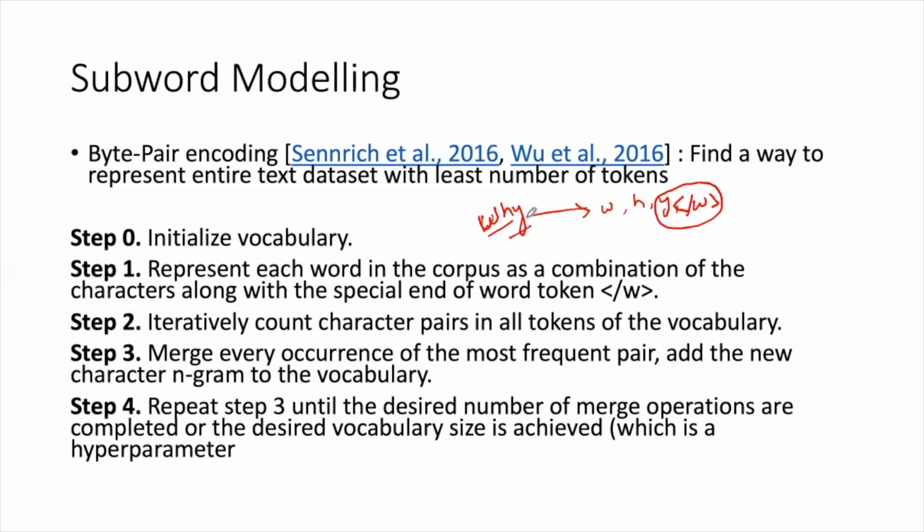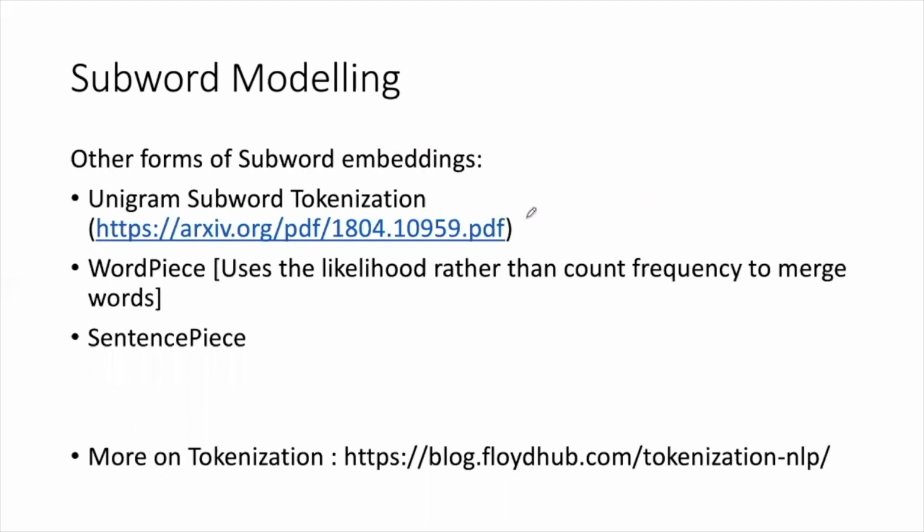We count all such two-character pairs, and once we count them, we find the most frequent pair and add that pair as part of the vocabulary. Then we repeat this process, finding the most frequent pair in each iteration and adding that back to the vocabulary. So that's the overall idea of byte pair encoding.